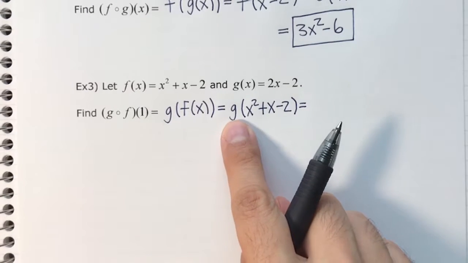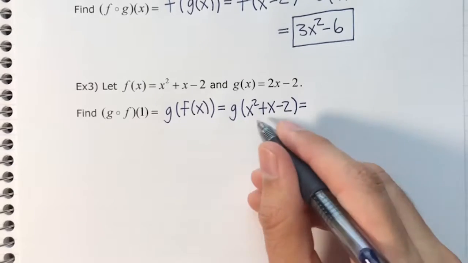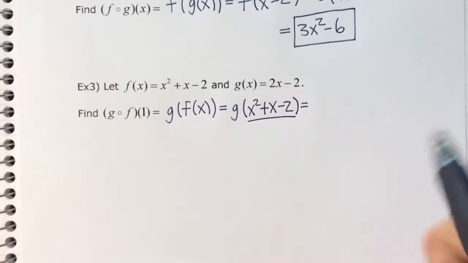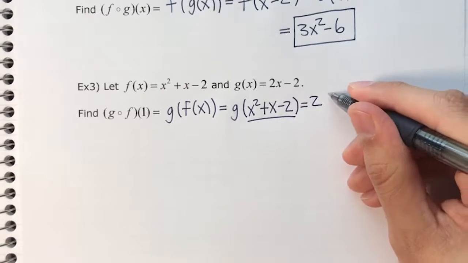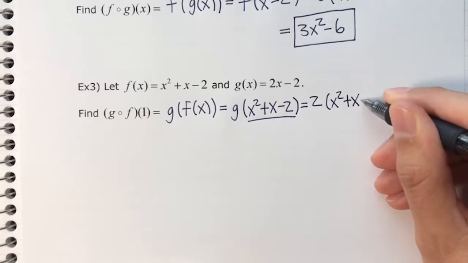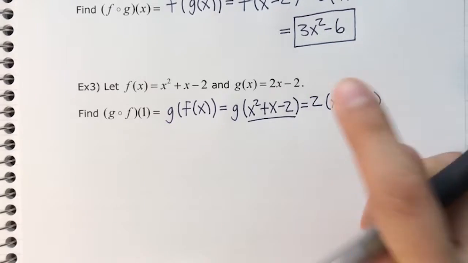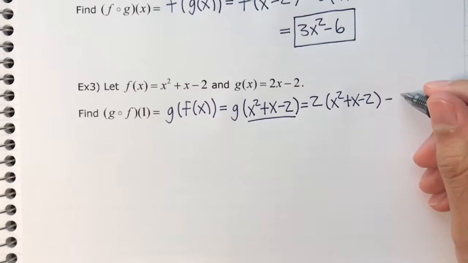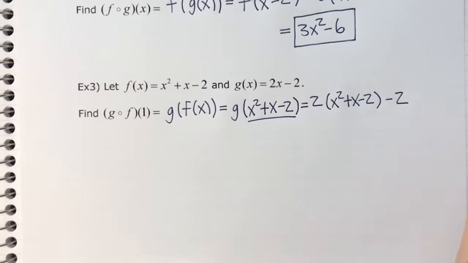We're dealing with function g, so we're going to substitute this expression into that x. So 2 parenthesis x squared plus x minus 2, minus 2. We see how we have this much room left, so it's good I didn't put it over here.